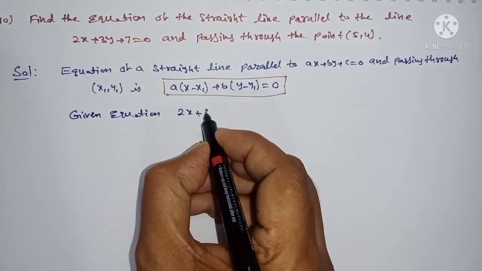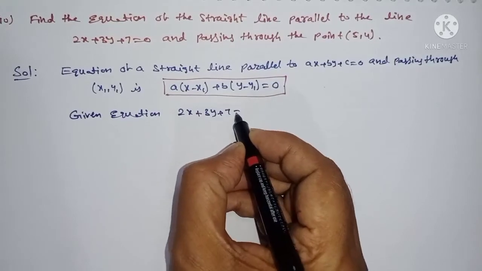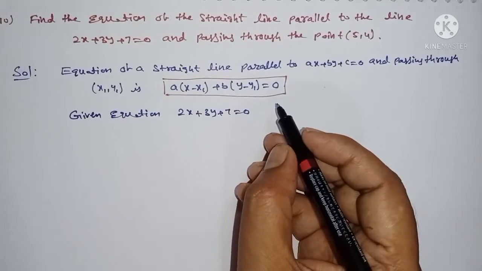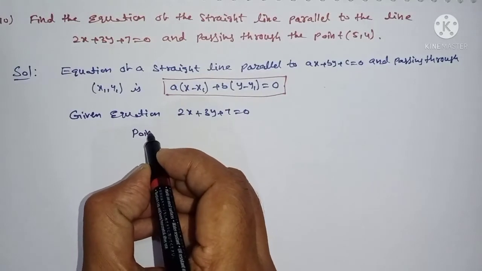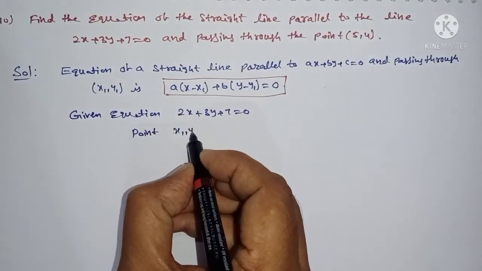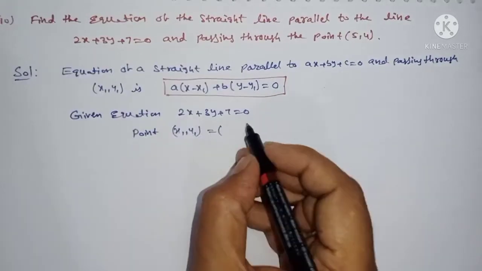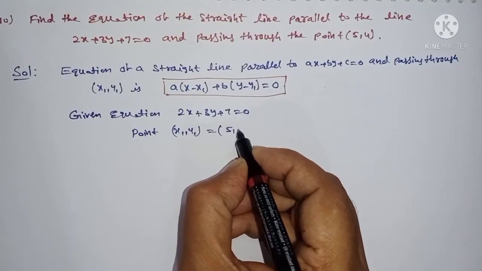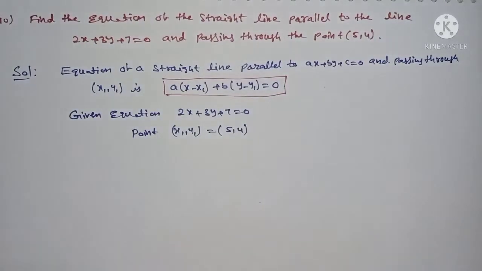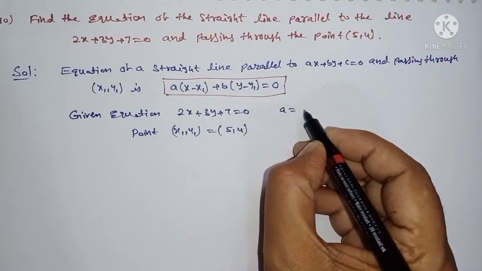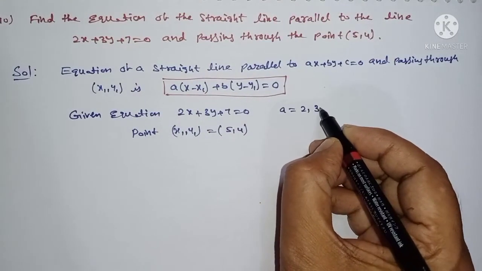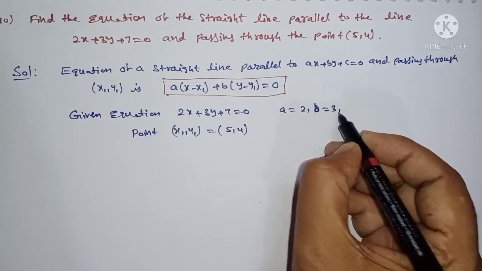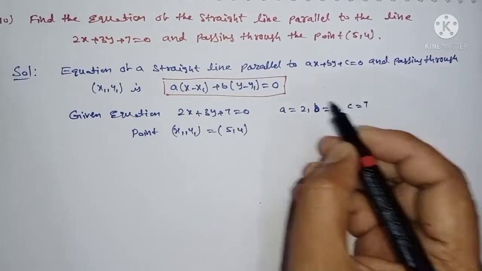Therefore, the given equation you can write here: 2x plus 3y plus 7 is equal to 0, and the point given here is x1 comma y1 is equal to 5 comma 4. And a is equal to 2, b is equal to 3 and c is equal to 7.